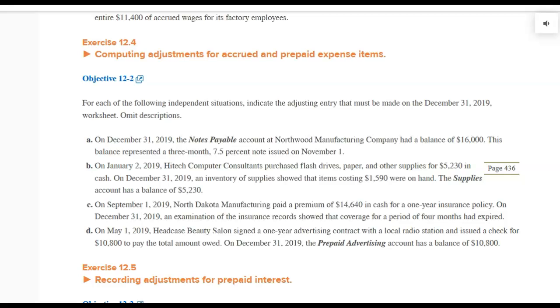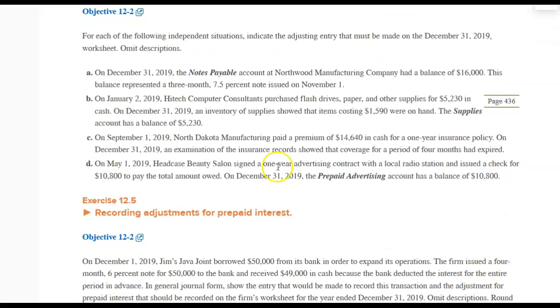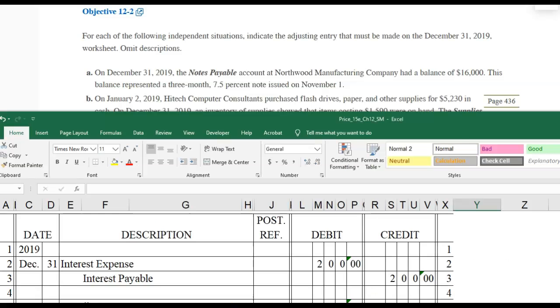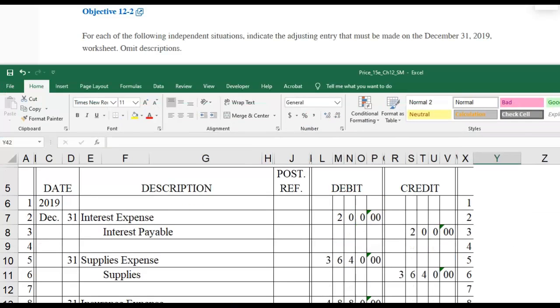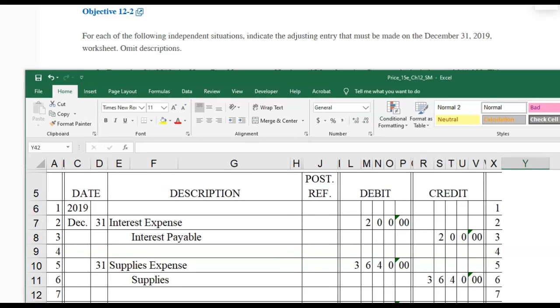That means we used 3,640. Because we used it, it's a supply expense. So there should be supply expense 3,640 and supplies credited because we used them, 3,640. Let's see what we have for an answer. Yep. Supply expense 3,640 and supplies 3,640.